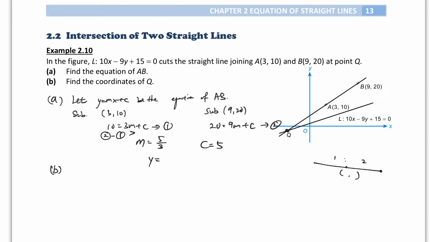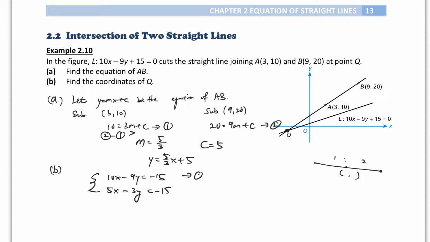So y is equal to 5 over 3 x plus 5. For part B, that means you need to solve 10x minus 9y is equal to negative 15, and then multiply 3 on both sides, and it's 5x minus 3y is equal to negative 15.